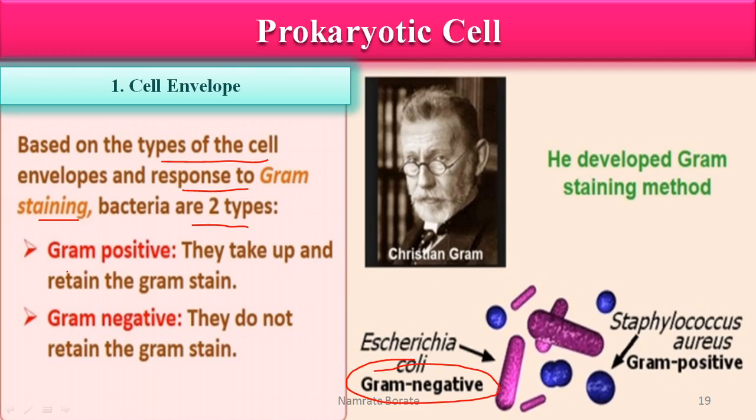Gram positive bacteria are stained by crystal violet and washed with alcohol, and they retain the stain. Gram negative bacteria, stained by crystal violet and washed with alcohol, do not retain the stain. The cell wall gives mechanical strength to the cell.